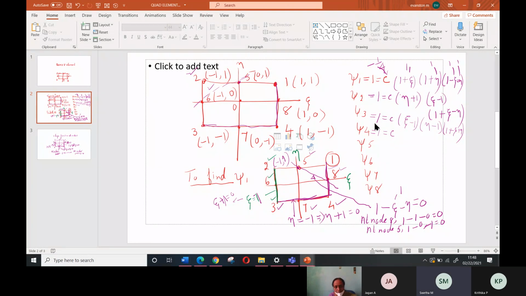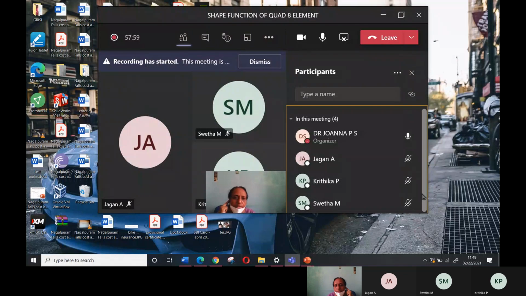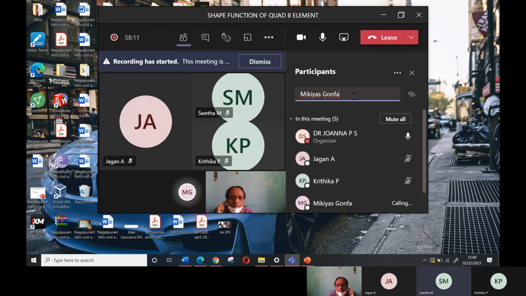Ma'am, they are not in class, ma'am. Thamari Selvan? Can you please tell me the value of Xi4? Ma'am, he is not in the class. He's not attending the class. I didn't check it also. Oh, he's on leave today. Kritika, Jagan. What about Kabir, sir? Mikyas also is not attending? He came, ma'am, and then he left to hostel, ma'am.